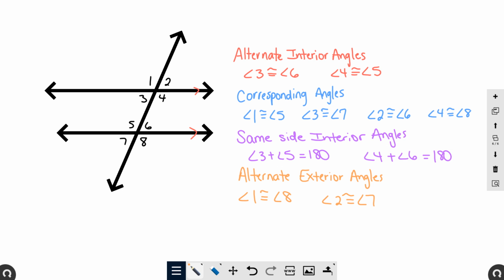So grab your index card. On the front, write alternate exterior angles and draw this picture. So very similar to yesterday. Write alternate exterior angles on the front and draw the picture. Then on the back, you can write congruent and then the two pairs of angles that are congruent.